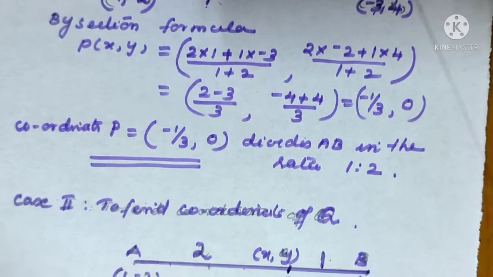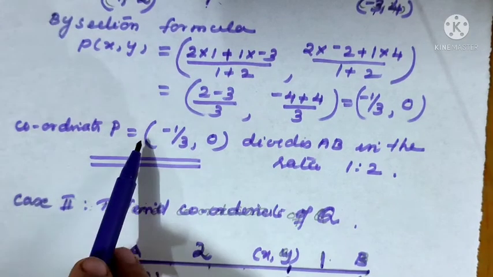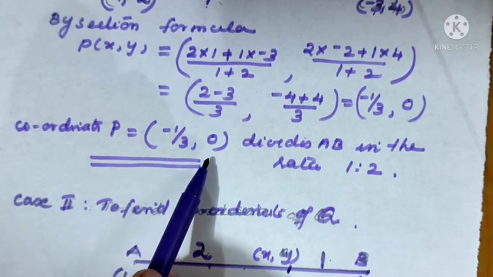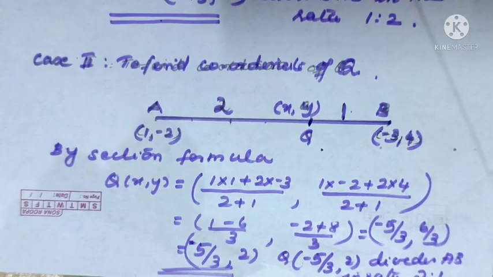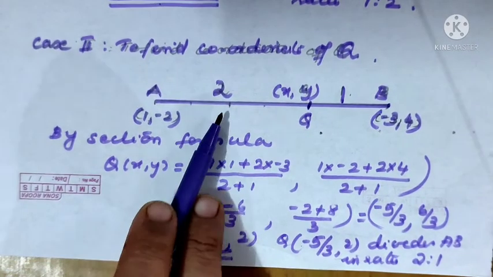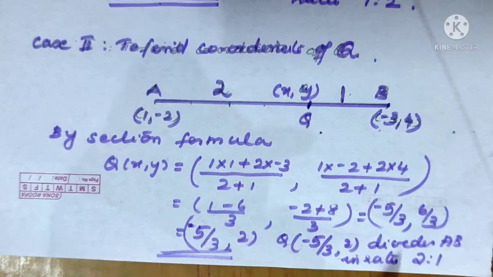So be careful while doing P as well as Q. Now we calculated P as minus 1 by 3 comma 0, and then we can apply the midpoint section formula, that is another method. So here P we have calculated separately and Q we have calculated separately. For Q we used 2 and 1 only.